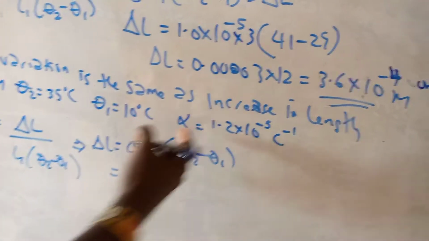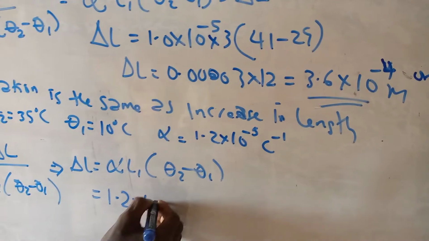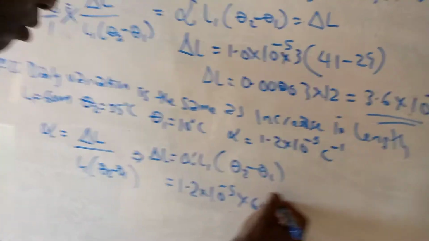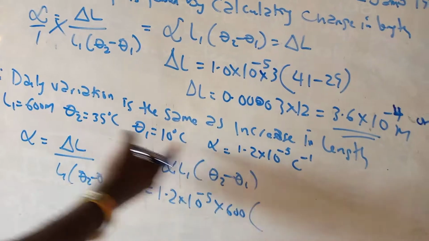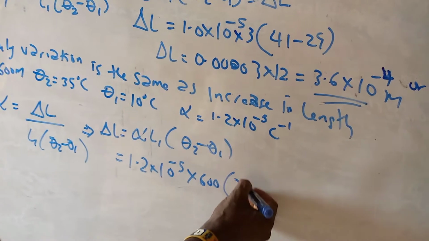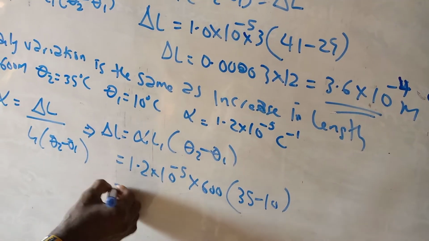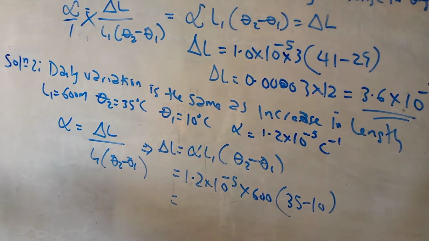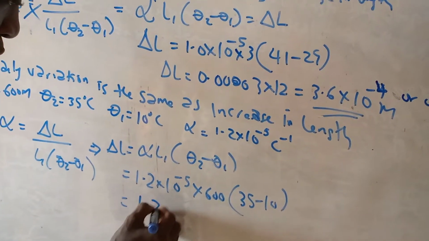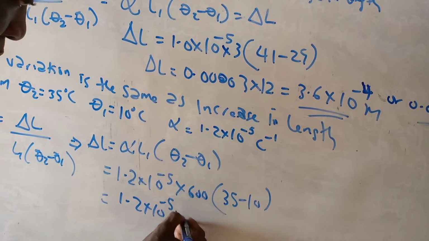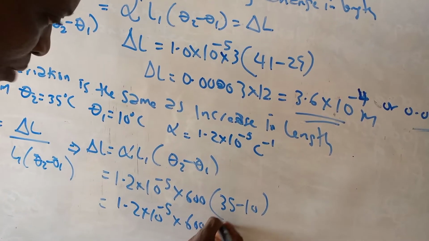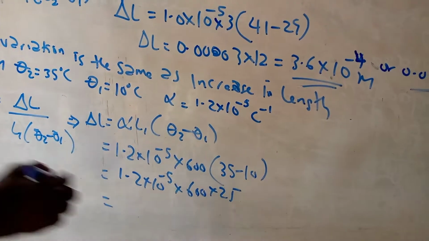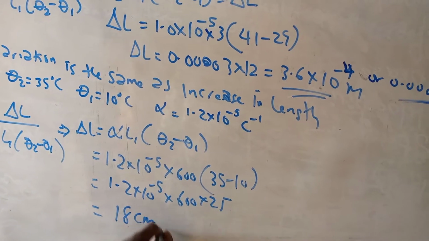We have the linear expansivity, the length before expansion, and the temperatures before and after expansion, 35 minus 10. So this will give us 1.2 times 10 to the power minus 5 times 600 times 25. If you do this on your calculator, it will give you 18 centimeters.